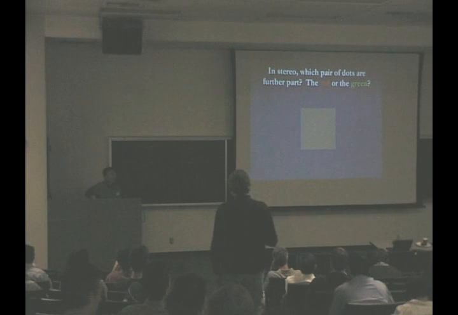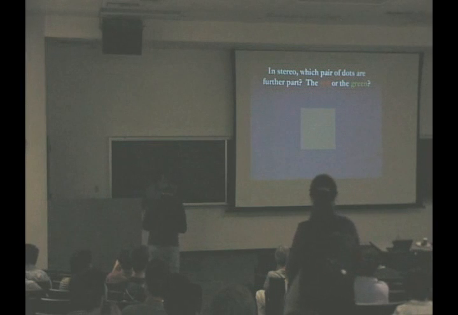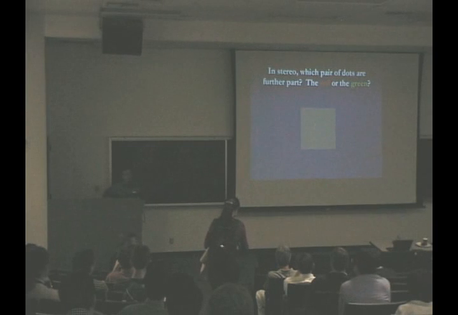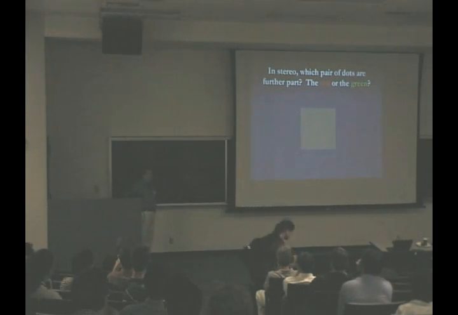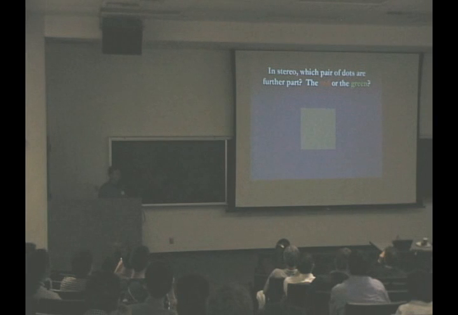To start with, let me use a simple example. In this figure at the center, assume that this is presented in stereo, in depth. And the question is whether the 3D distance between the two green points is closer together, or the 3D distance between the two red lines is closer together. Of course, this is a basic stereo discrimination task, and we all, as human subjects, have a certain threshold performance.